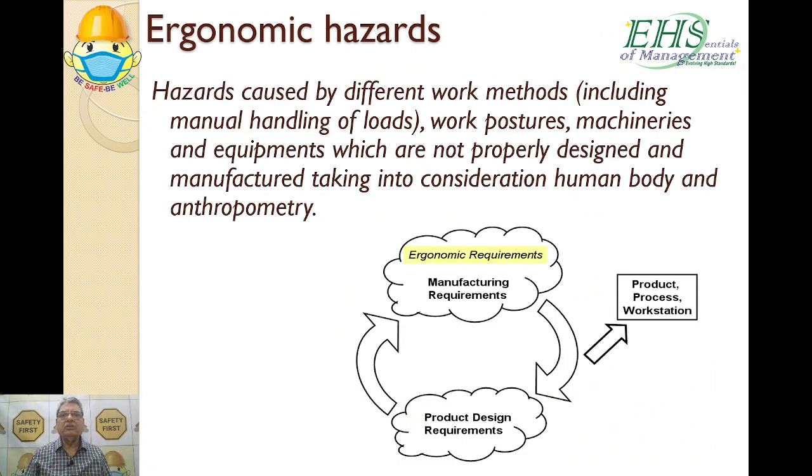So what is the definition of ergonomic hazards? They are the hazards caused by different work methods, including manual handling of load. We have seen the figure in the last slide. Work postures, machineries and equipments which are not properly designed and manufactured, taking into consideration human body and anthropometry.